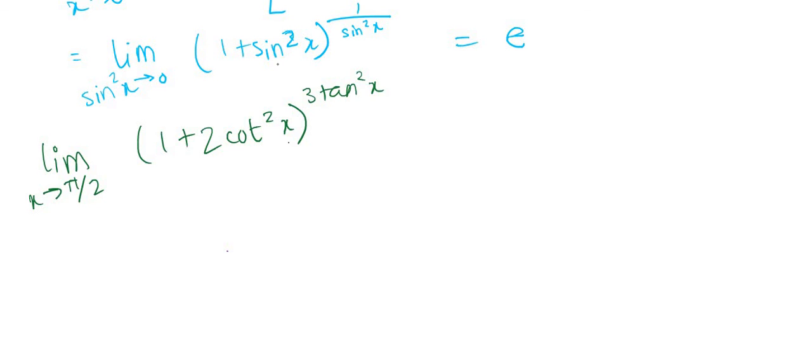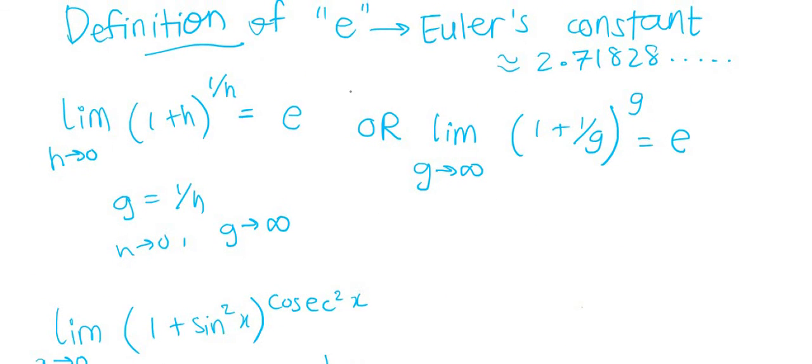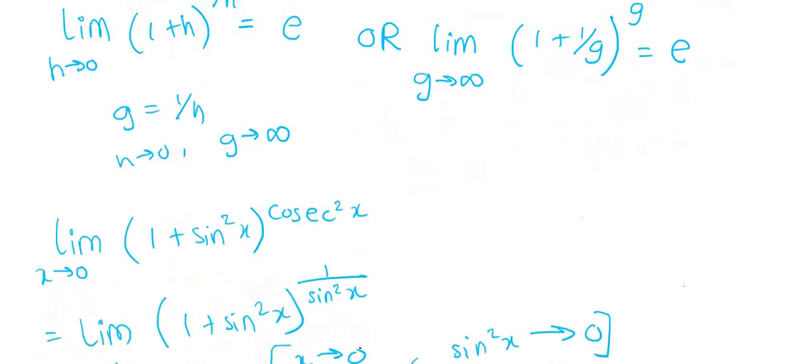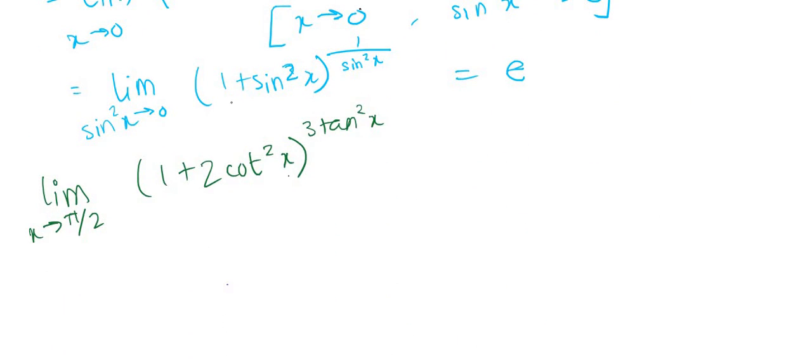Now from the previous example and even from the identity, it's pretty clear that we need the reciprocal of h on top. So in this case, we need the reciprocal of this term entirely. So we need 1 over 2 cot squared x on top, which is basically tan squared x by 2 on top.